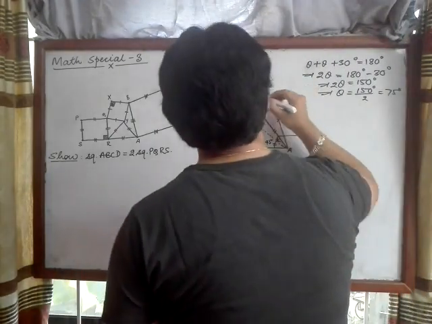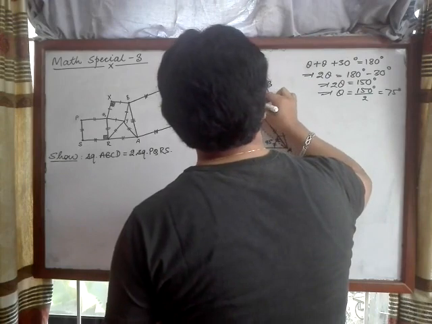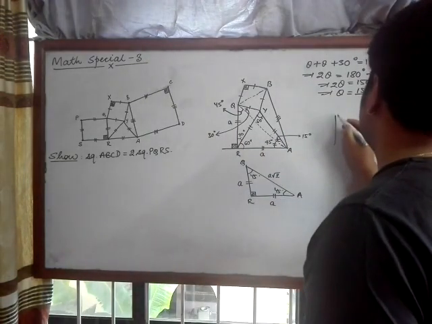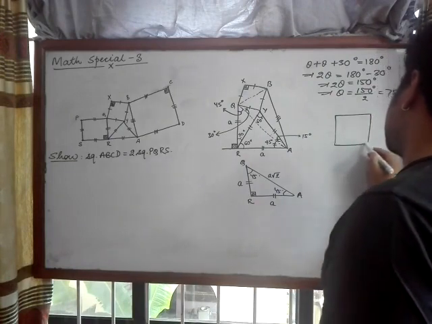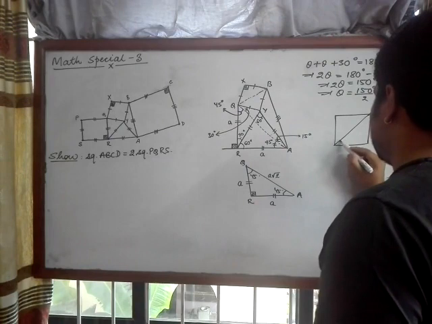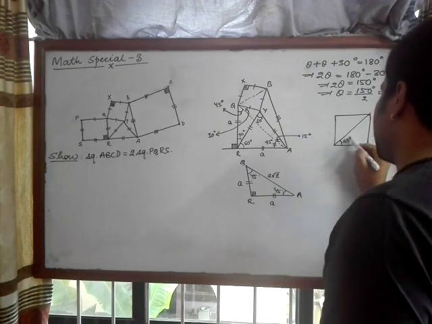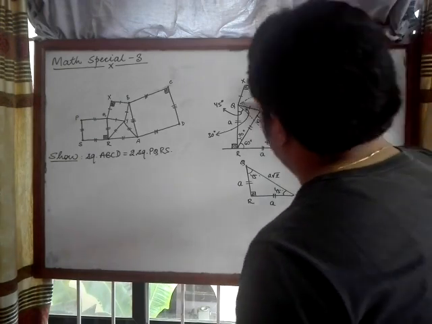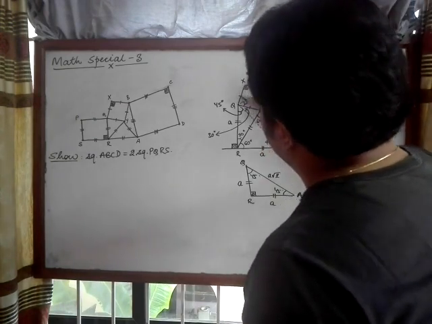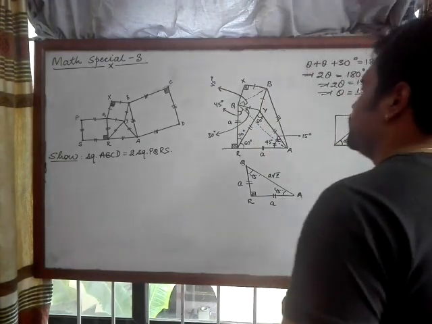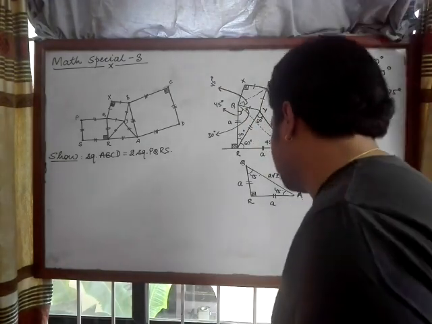Next, what you do is you join BQ. Now in a square, the diagonal bisects the angle at the vertex. So this is 45, this is 45. As a result, we have this angle as 45 degrees. This angle as 45 degrees.